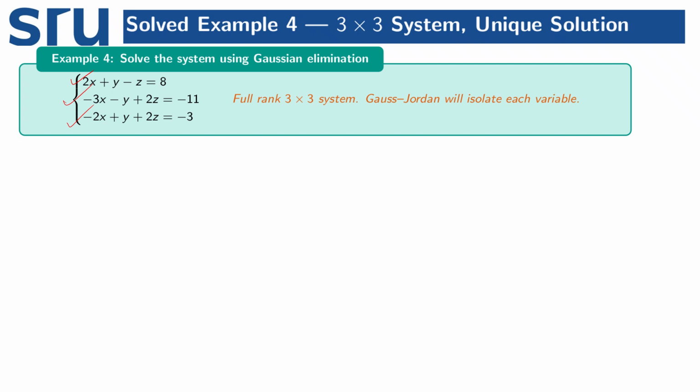Now our goal is to solve this using the Gaussian elimination method. Let me remind you, Gaussian elimination means we convert the system into upper triangular form and solve that step by step.